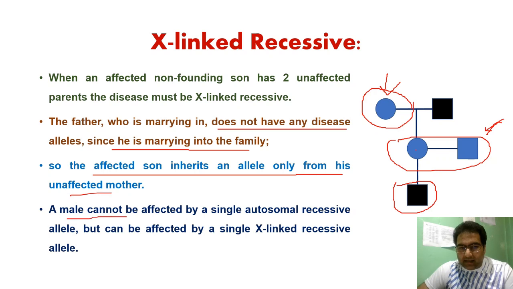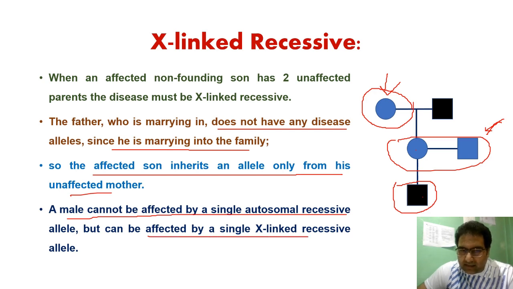Now a male cannot be affected by a single autosomal recessive allele. Now here this is the male, he cannot be affected by a single autosomal recessive allele, but can be affected by a single X-linked recessive allele.